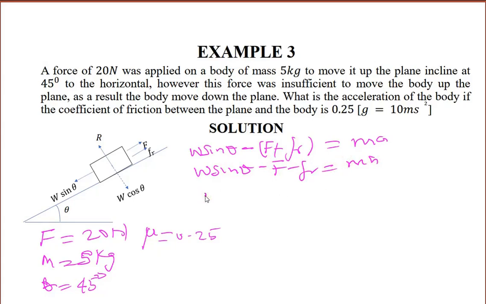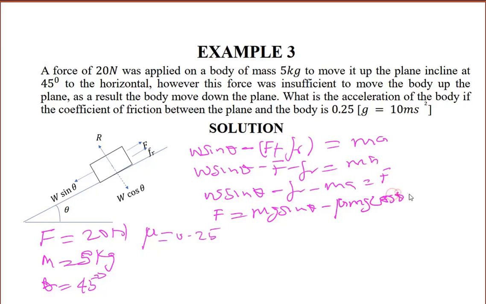So we can say that W sine theta minus frictional force minus ma equals F. So F will give me mg sine theta minus the frictional force, which is mu mg cos theta, minus ma.